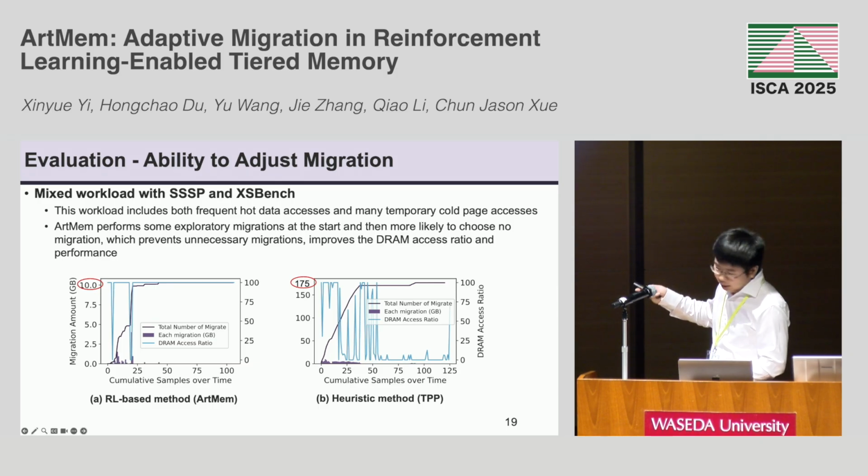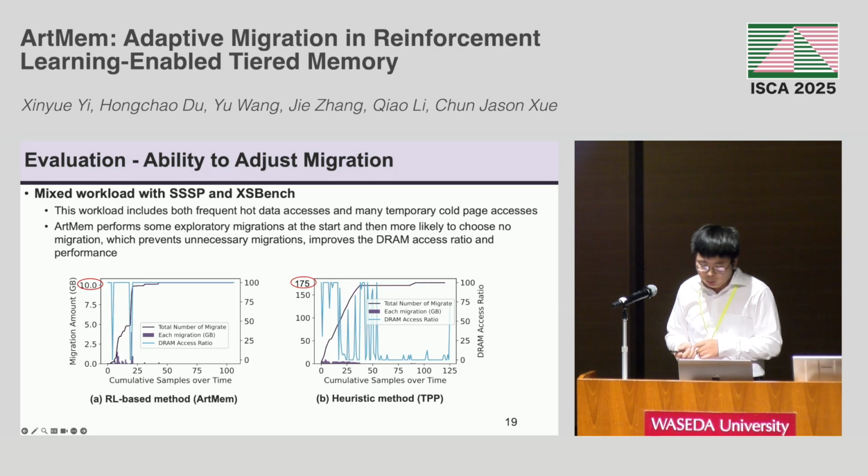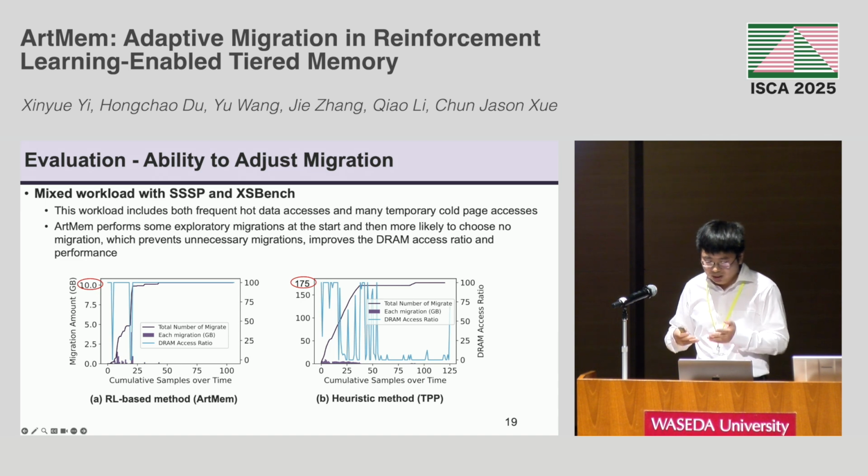TPP achieves a good access ratio at the beginning, but continuously migrates pages. And it has 17.5 times more page migrations than ArtMem. And this demonstrates ArtMem's ability to learn when not to migrate, which is just as important as learning when to migrate.